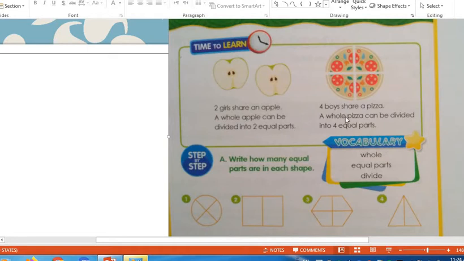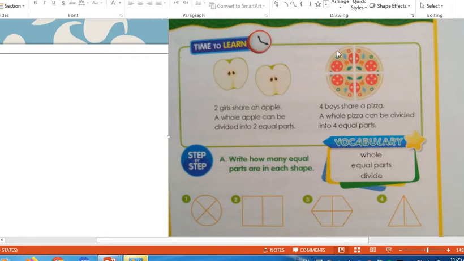And if I now have this pie, or this pizza, and I have 4 boys. I want 4 boys to share this pizza. The whole pizza can be divided into 4 equal parts. Do you know that? 4 equal parts, everyone will take 1/4 of the pizza.